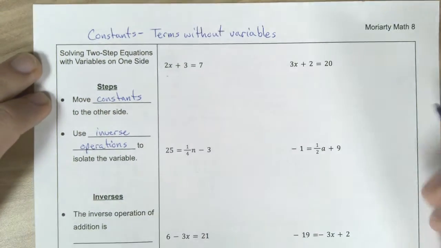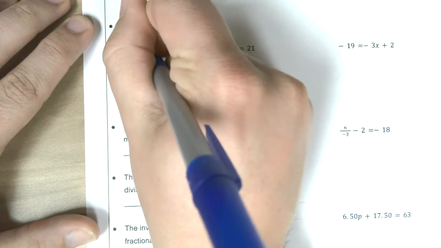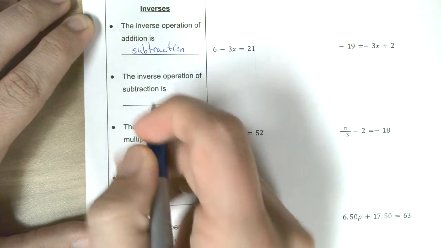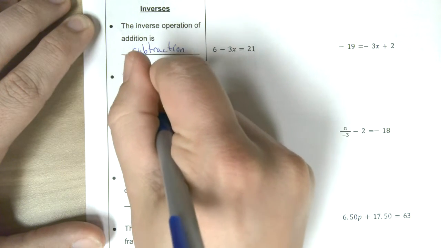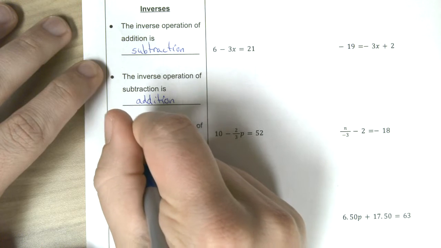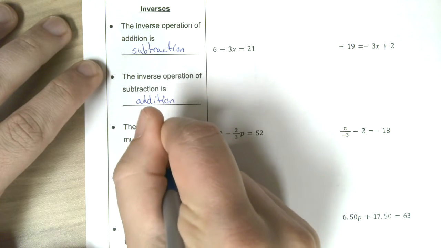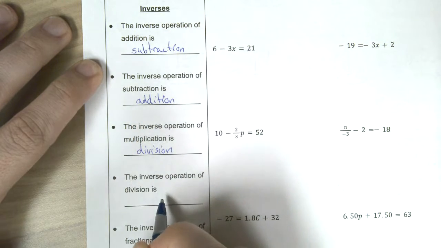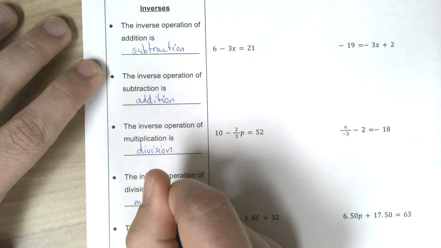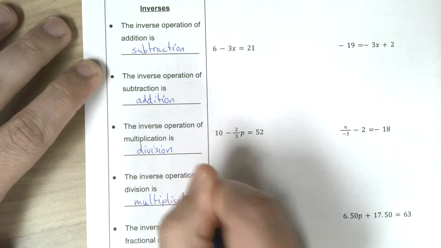Okay, so here's what I mean. The inverse operation of addition is subtraction. Inverse operation of subtraction is addition. Inverse operation of multiplication is division. Inverse operation of division is multiplication.